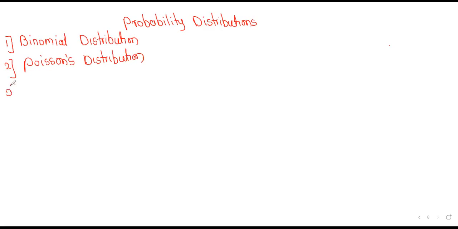And third is normal distribution. Okay. So before going to discuss these three distributions, we have to write down some definitions. So first definition is random variable.